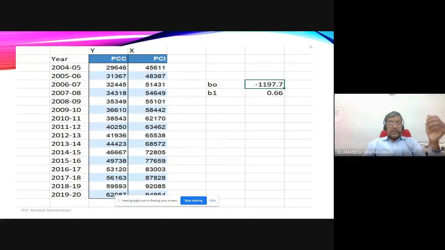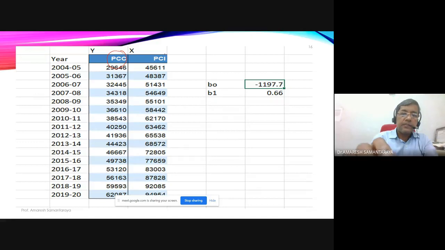Here I have information for per capita consumption; this is real data for India. Per capita consumption is given by PCC and per capita income is given by PCI.